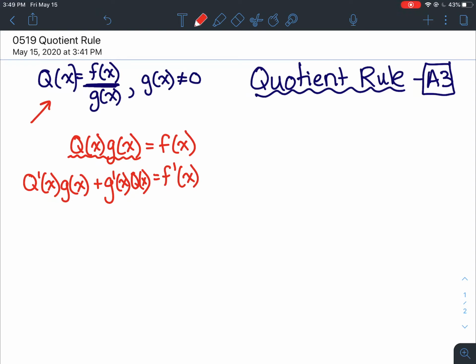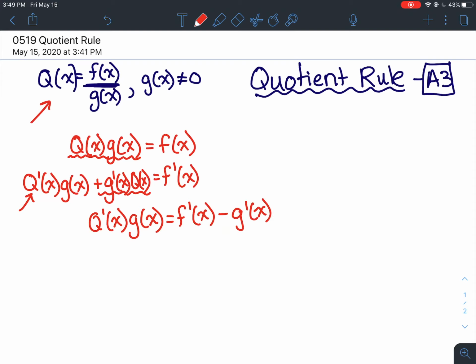Next step, I'm going to bring this to the other side, because eventually I want to get q prime of x alone. I'm going to leave q prime of x times g of x on the left, and on the right I'm going to have f prime of x minus g prime of x times q of x.